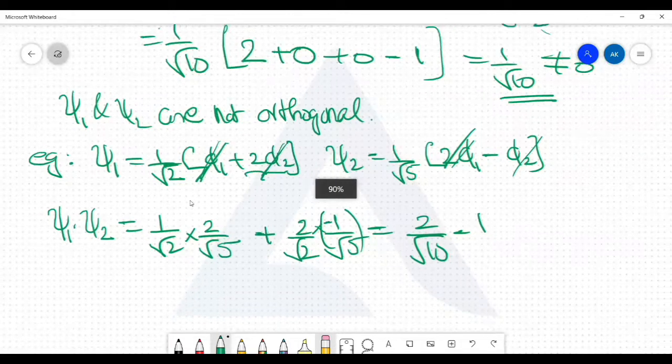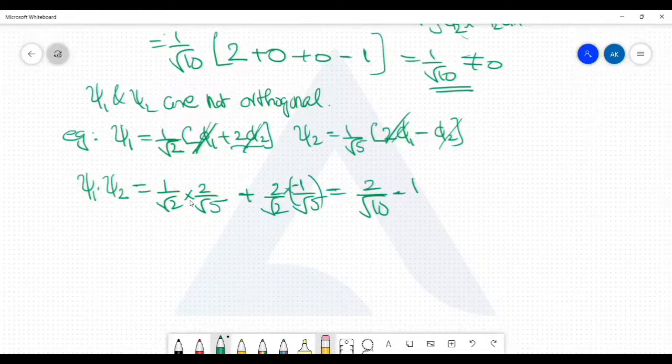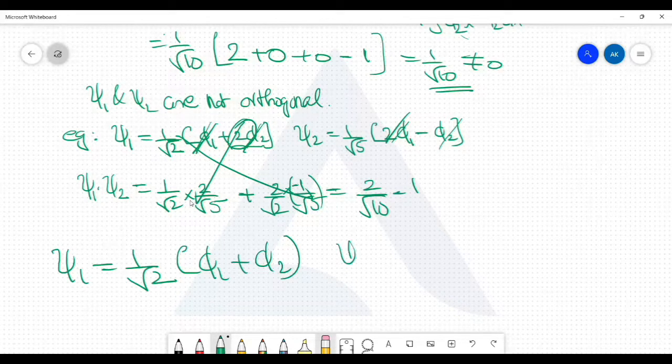First one, let me correct the question. Psi 1 it was actually 1 by root 2 phi 1 plus phi 2. I made it 2. That's wrong. And psi 2 is equal to 1 by root 5, 2 phi 1 minus phi 2. Now it is correct. Now let me check it.